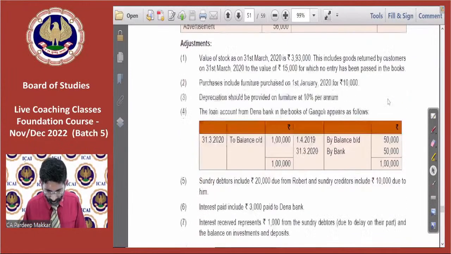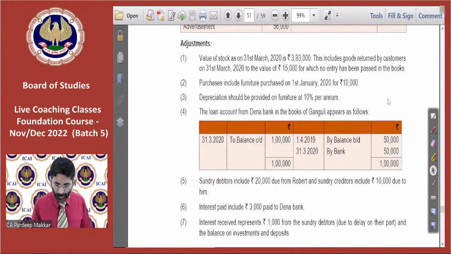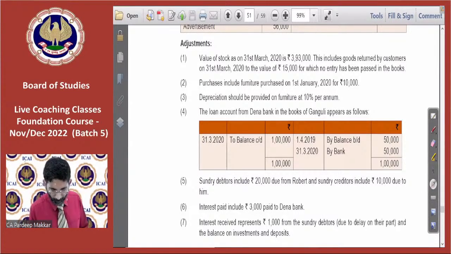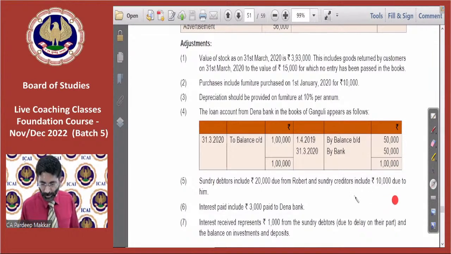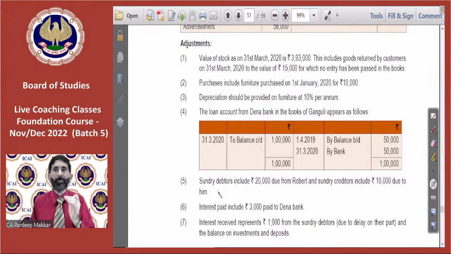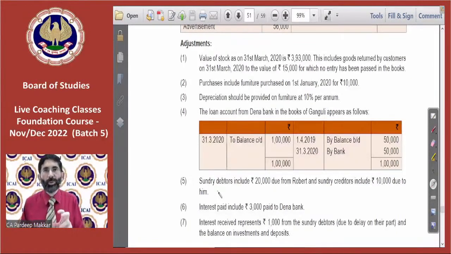Maybe this question has already been done by us. Sundry debtors include 20,000 due from Robert and sundry creditors include 10,000 due to him. This is a mutual owing. What is mutual owing? Mutual owing means when a person is our debtor as well as creditor, then whatever is the lower amount will be deducted from debtors as well as creditors.